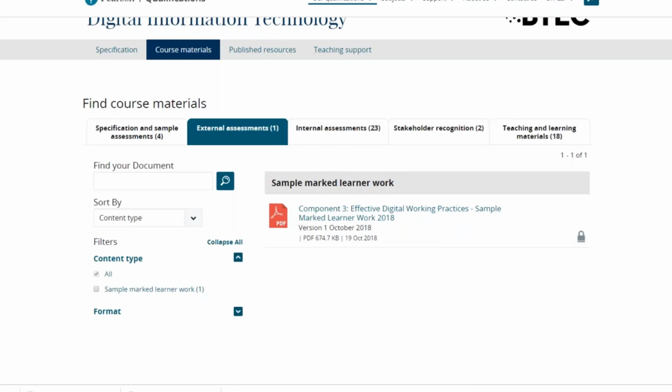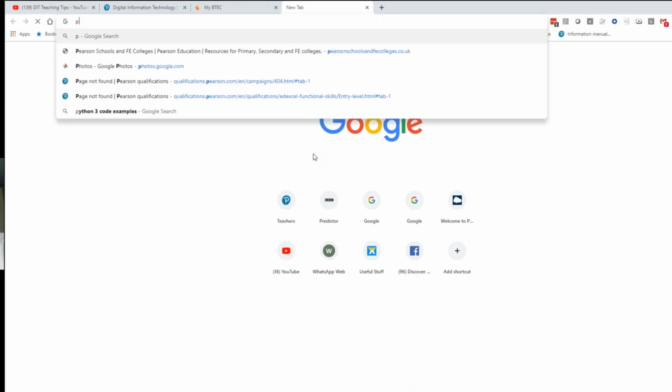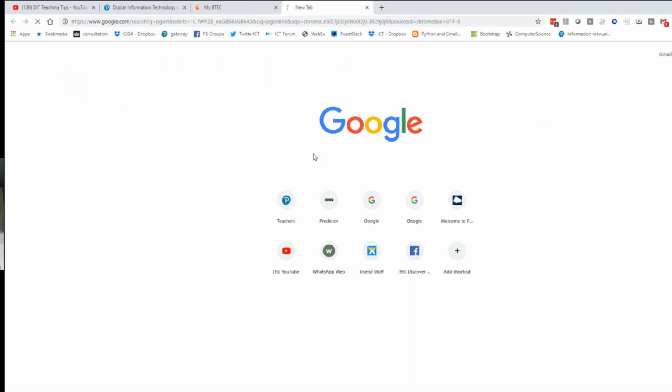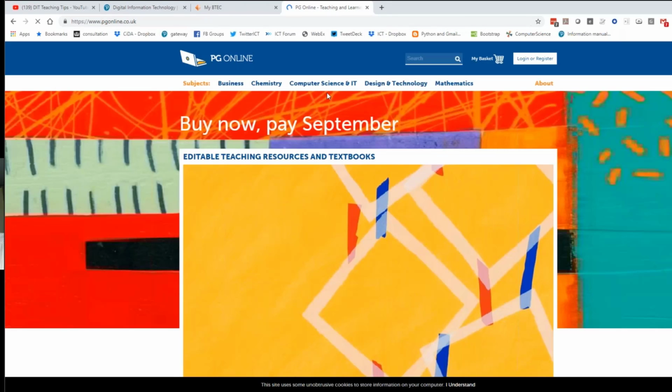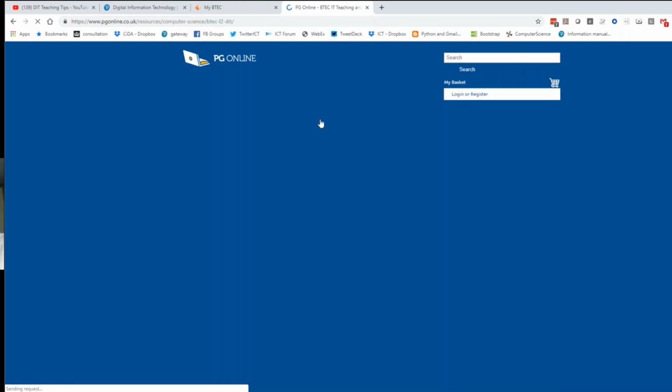There's also a really nice resource on PG Online. If you're familiar with that, they provide component 3 resources for our DIT. Let's see how quickly I can find them. DIT new.